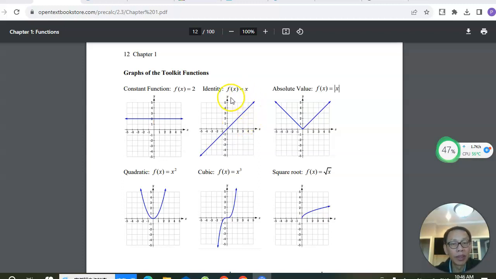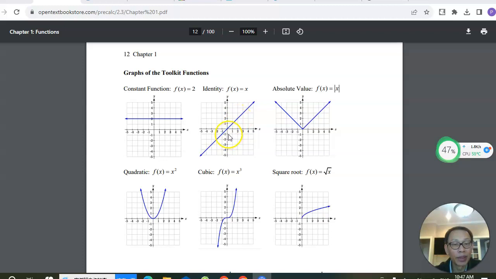Now let's look at the second function. f of x equals x means y equals x. When x equals 0, y equals 0, right? So this line will pass through the coordinate 0, 0. When x equals 1, y equals 1, because y equals x. When x equals 2, y equals 2.